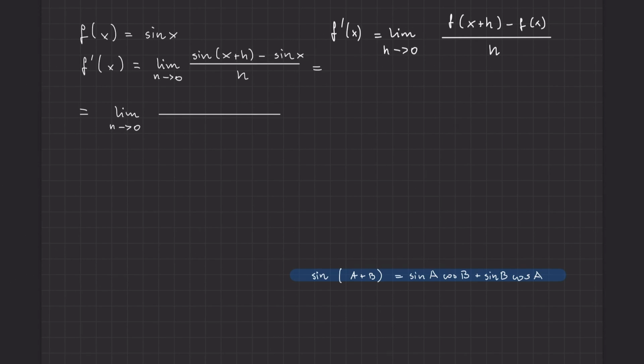So we will have sine x cosine h plus sine h cosine x minus sine x. I will expand this and divide it by h.